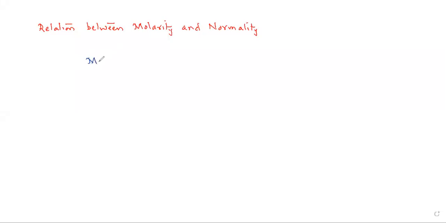Now, see, molarity is weight of a solute in gram by molecular weight of the solute into 1000 by volume of the solution in ml, right?